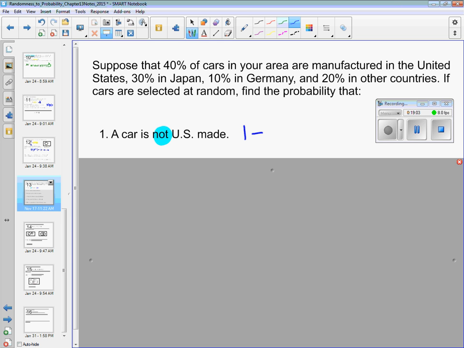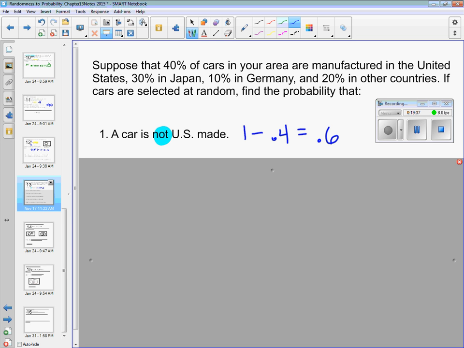What is the probability that it's U.S. made? 0.4. So what is the probability that it's not U.S. made? That's one way to do it. I could also add up all of the ones that are not U.S. made. I could have said 30 plus 10 plus 20, and wouldn't that have gotten me 0.6 also? That's another way to do it. But remember, sometimes doing the complement it's just one little thing. I just had to subtract it from 1, as opposed to adding up all the other parts.